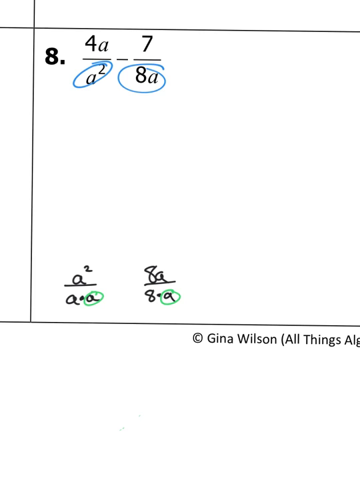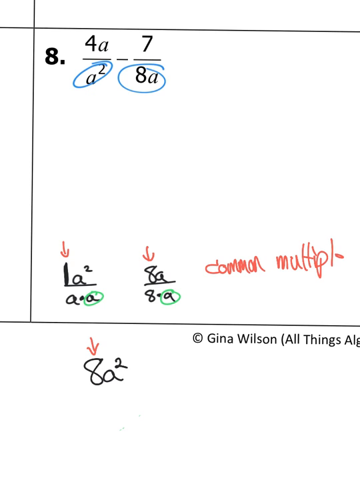So what I'm saying is if we're looking at a squared and 8a, I could make both of them 8a squared. How did I know that? Well, you're going to look at a squared and say, okay, it's got a coefficient of 1. So a multiple of 1 and a multiple of 8 are both 8, a common multiple is what you're looking for.